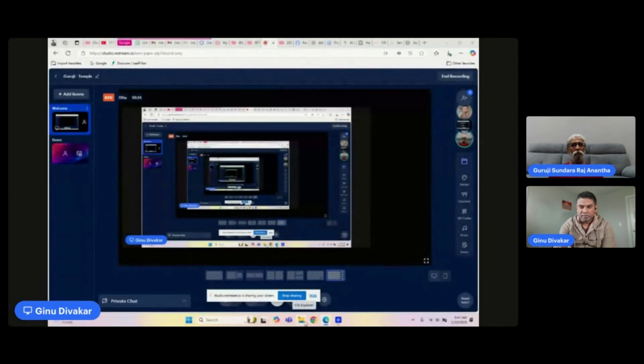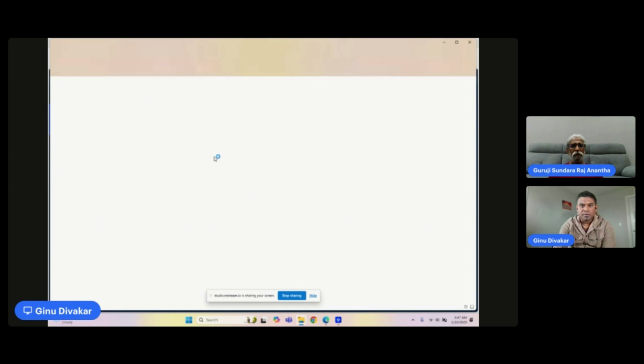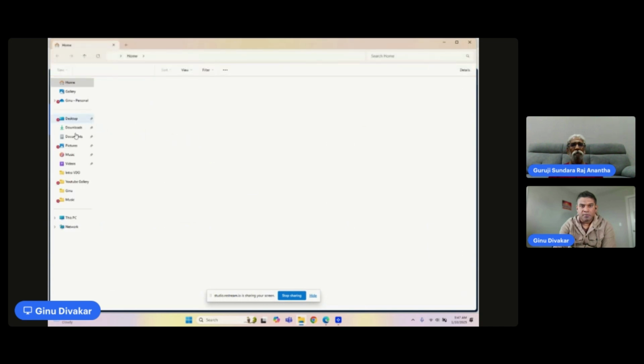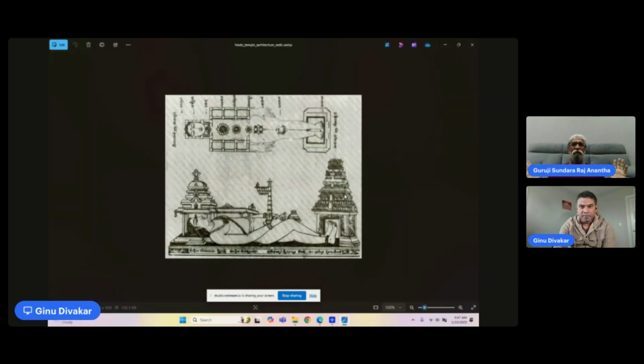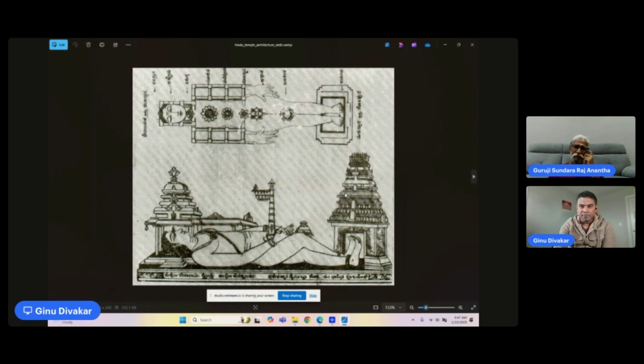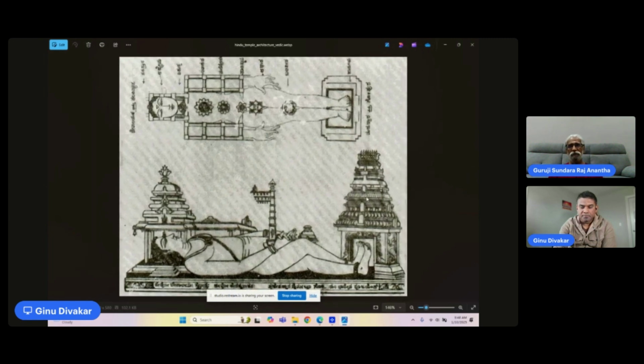So when we see a temple, what we see from the outside, there'll be a lot of images on the outside. Normally, if you go up to the Konark temple, the Sun temple, there'll be a lot of images of couples in the sexual act and all that.